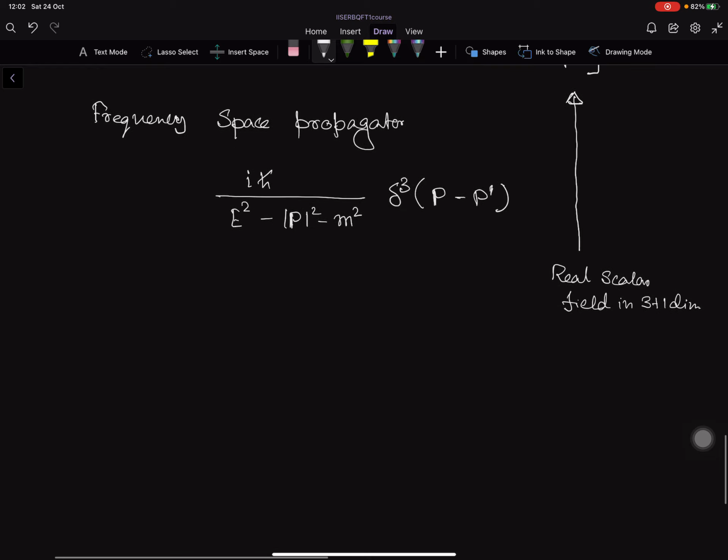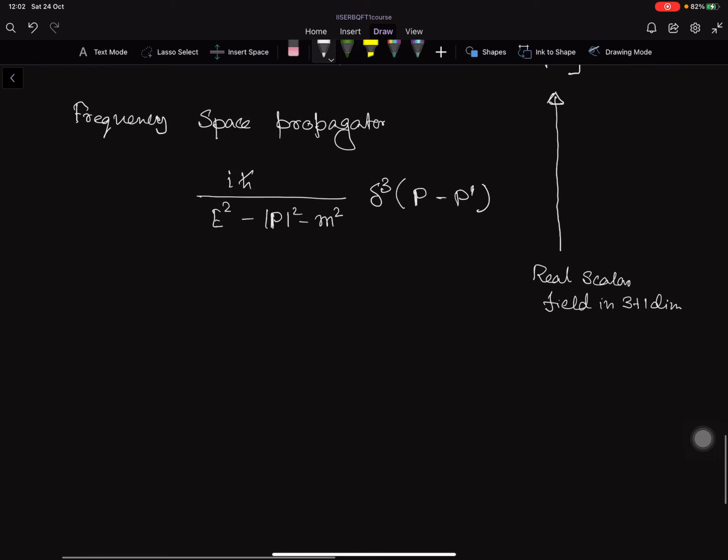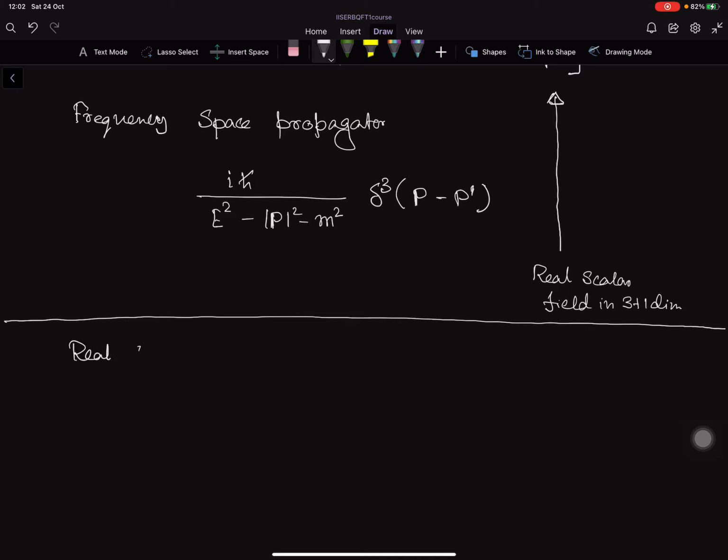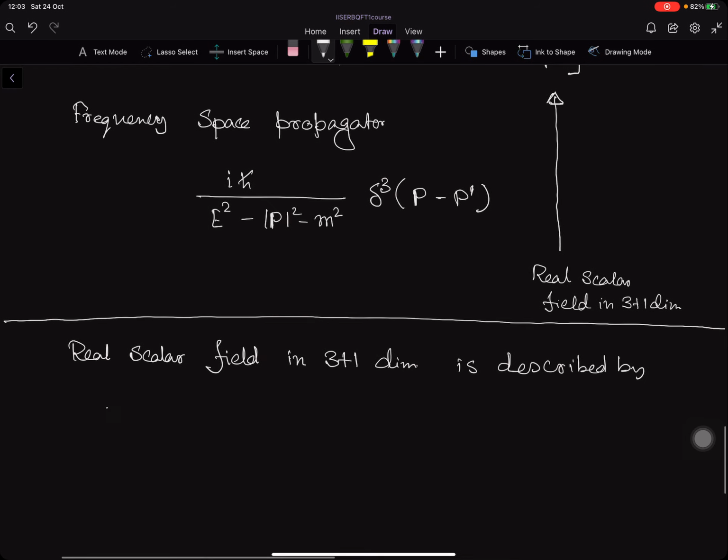How? So let's connect this idea to the real scalar field in 3+1 dimensions. A real scalar field in 3+1 dimensions is described by the following Lagrangian density. Okay, so it is described by the following action, let's say.